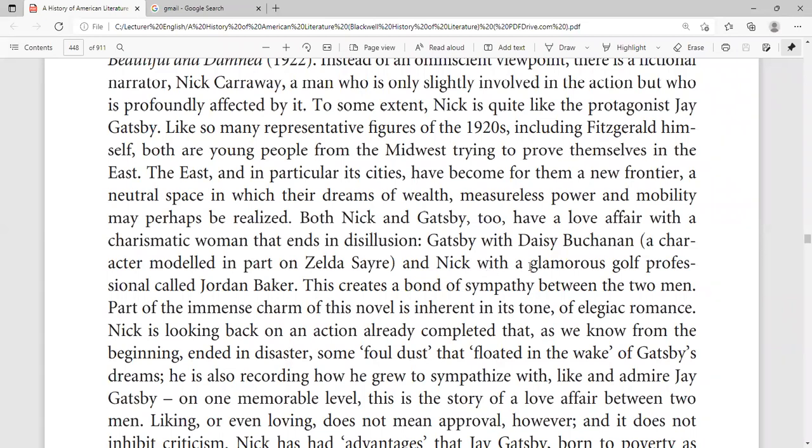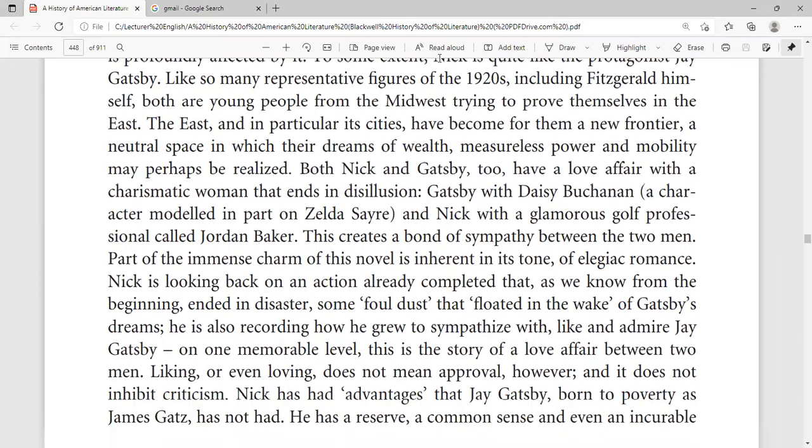Nick Carraway falls in love with Jordan Baker, another character of the novel. She's a golf player.